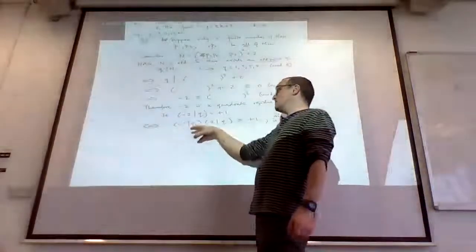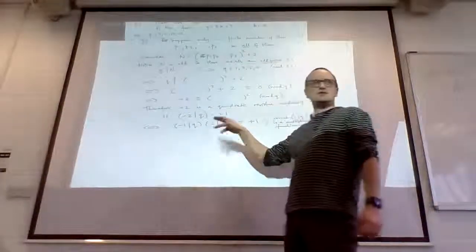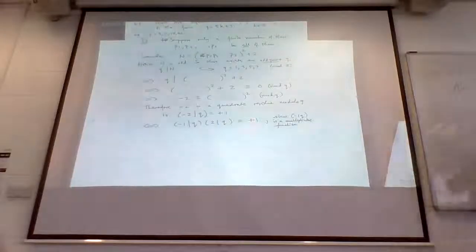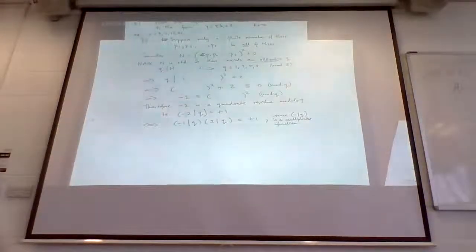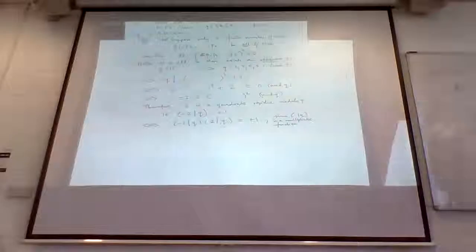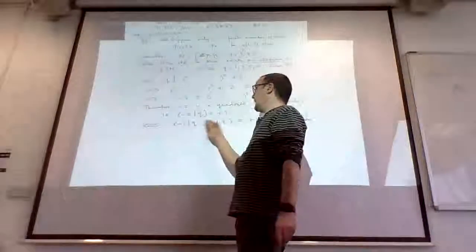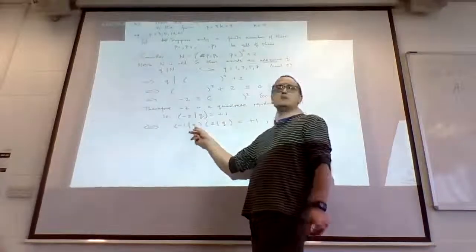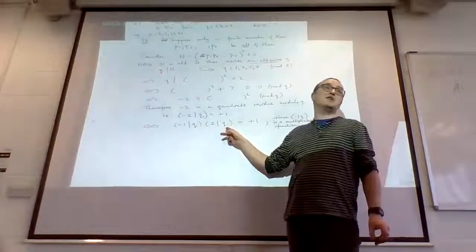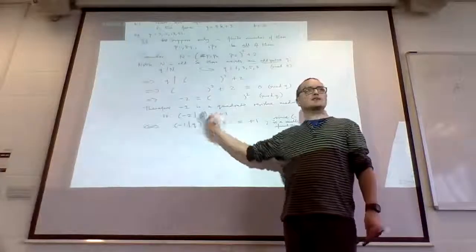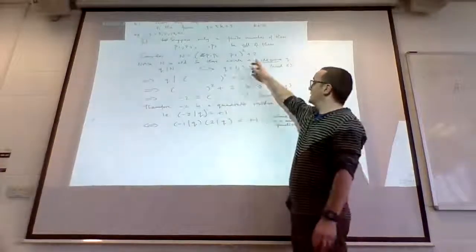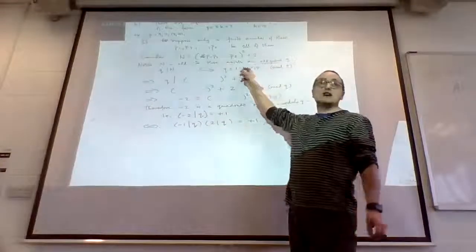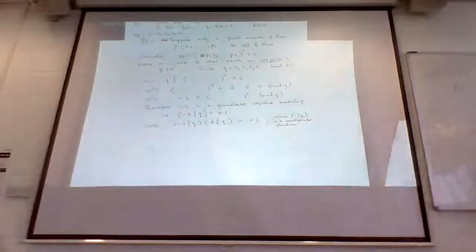Now, the Legendre symbol of minus 1 modulo a prime and the Legendre symbol of 2 modulo a prime, you should recognize those because we proved results about them. We completely understand when and how these take the values plus 1 or minus 1. This one depended on q mod 4. This one depended on q mod 8. So if we get information about q modulo 4 and 8, hopefully we'll be able to draw the conclusion that q must be 3 mod 8.